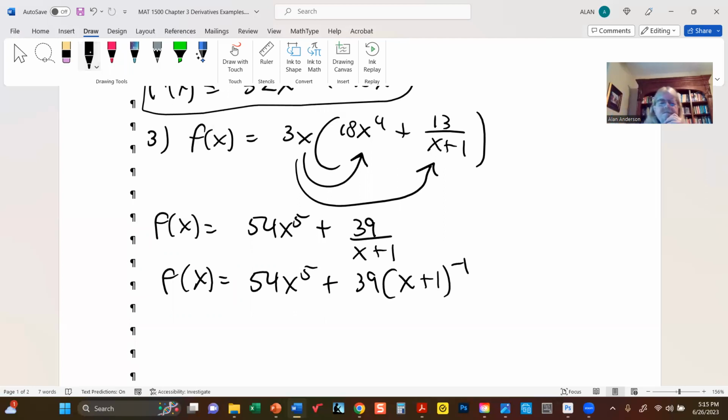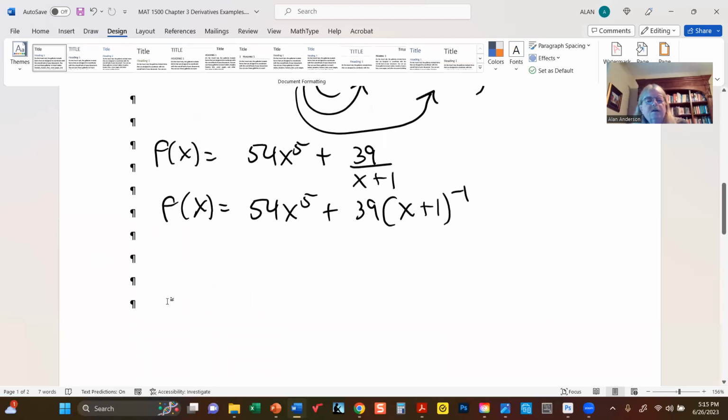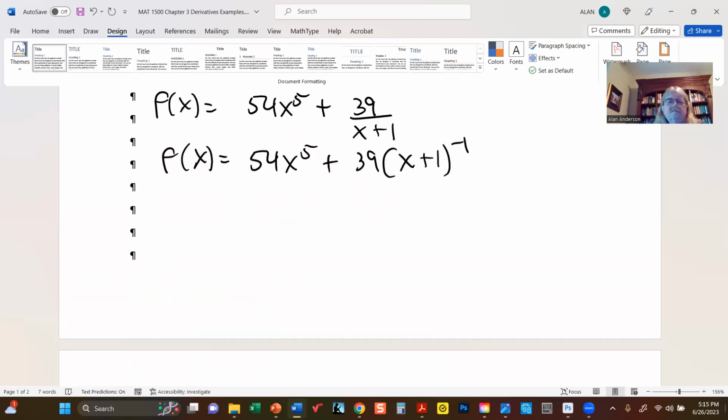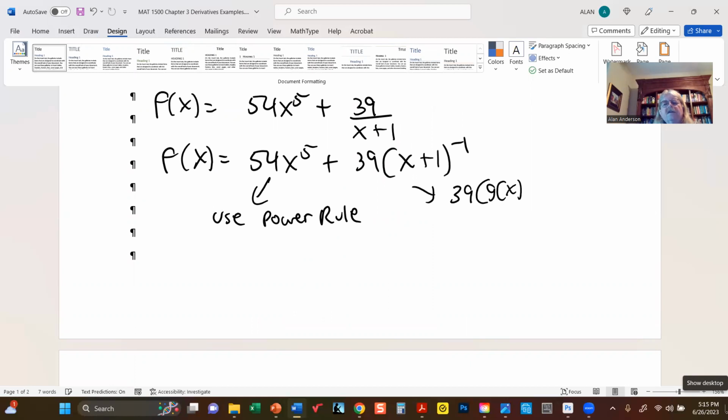Okay, now let's look at these one term at a time. Here, you notice how we've got x plus 1 raised to the minus 1 power. This actually could be thought of as 39 g of x to the minus 1 power. So we're going to use the generalized power rule here.